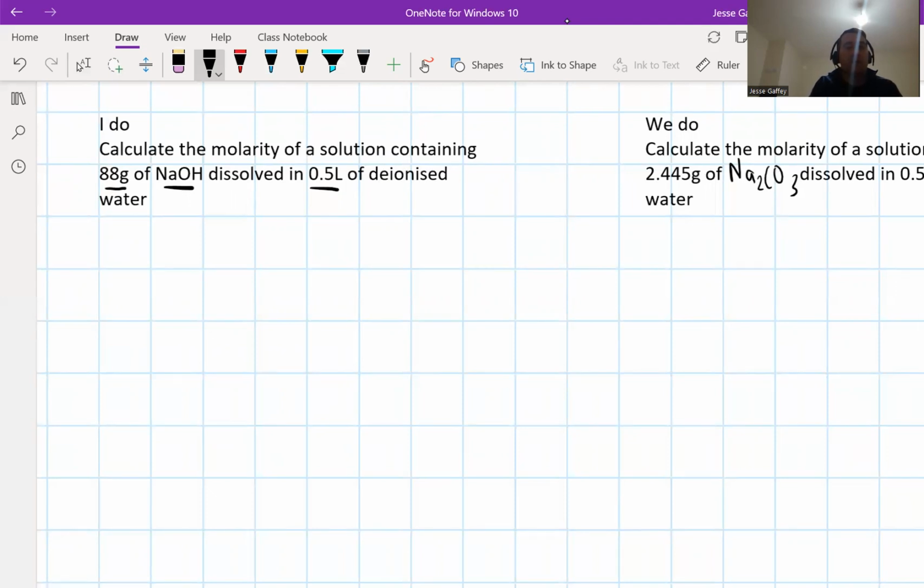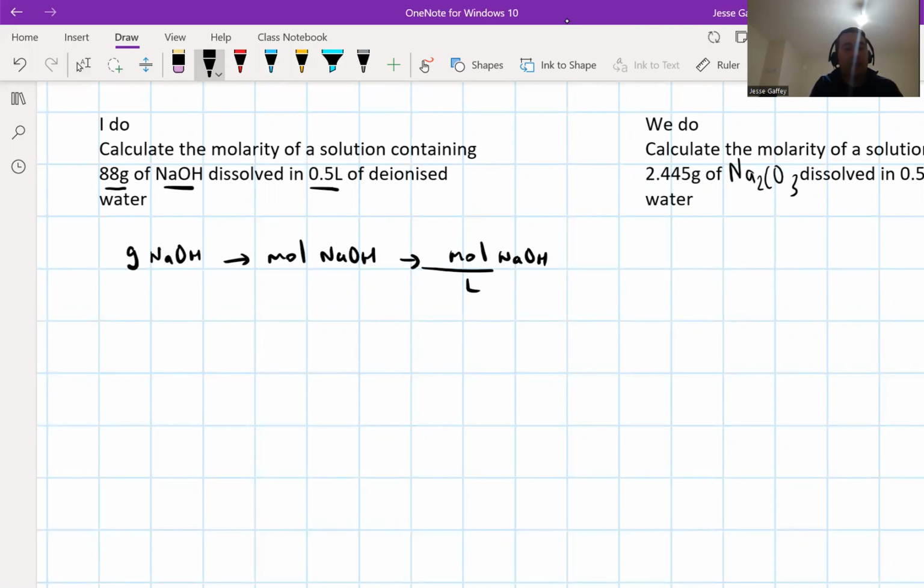So the plan here is we've got grams of NaOH, that's what we know. And then we want to go to moles of NaOH. And then we want to go to moles over liters of NaOH. That's the plan.